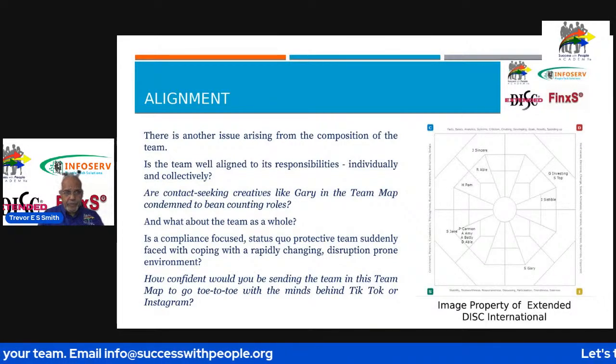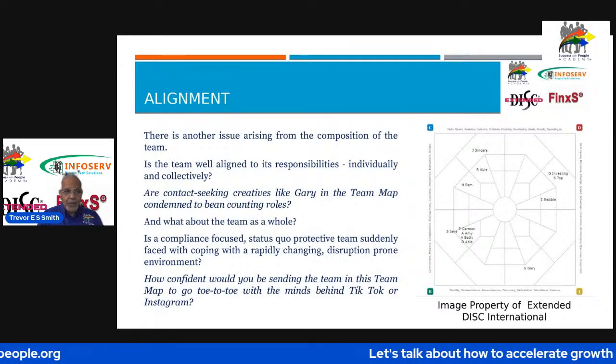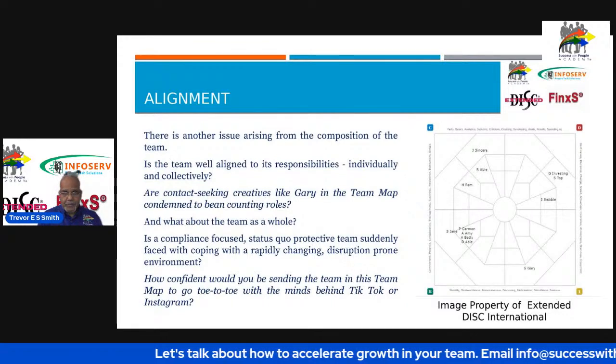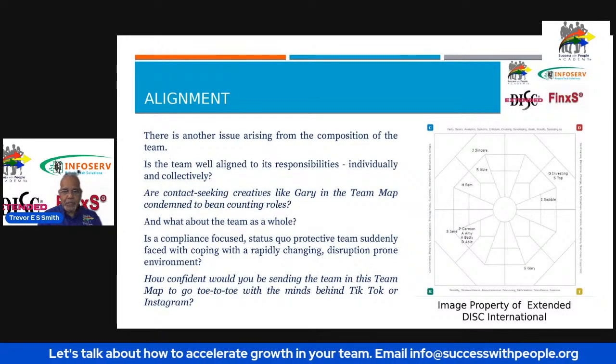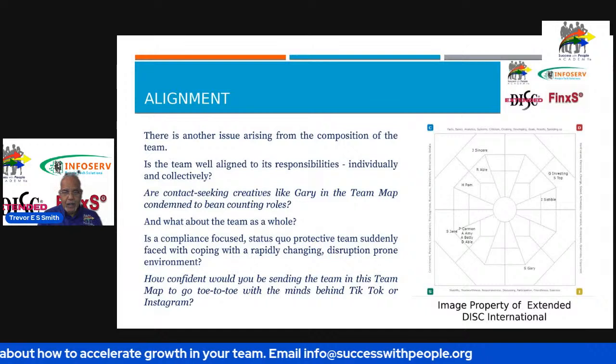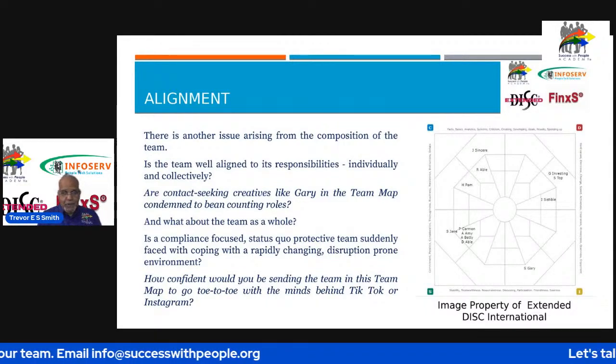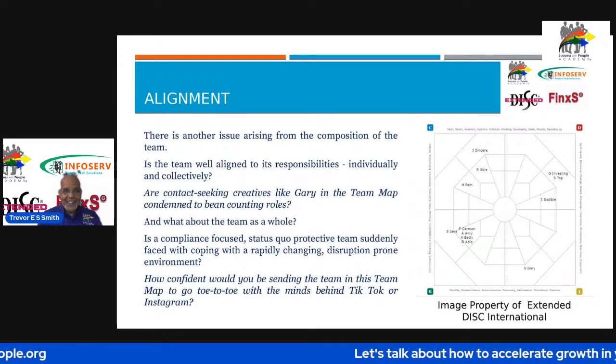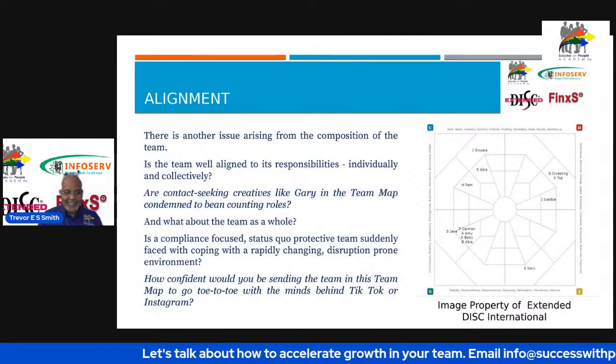So the left side, the C and the S, is heavily predominant in the map that we're looking at, the team that we're looking at. What would you think if this was a map of the executive team of your new company that wanted to go out and challenge TikTok and Instagram?